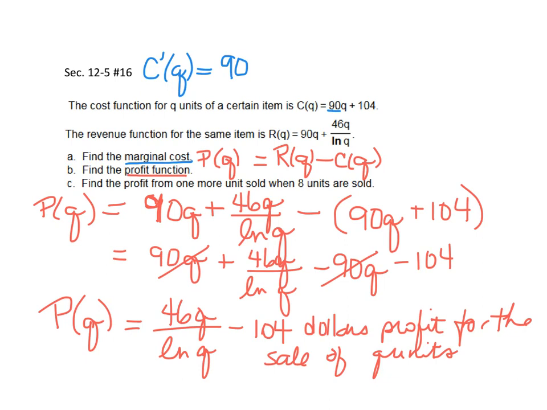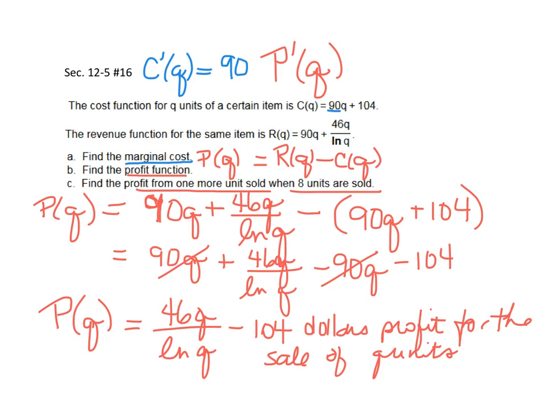And our last problem says to find the profit from one more unit sold when 8 units are sold. Well, in order to do that, the very first thing we're going to have to do is find P prime of Q and then substitute in the number 8.